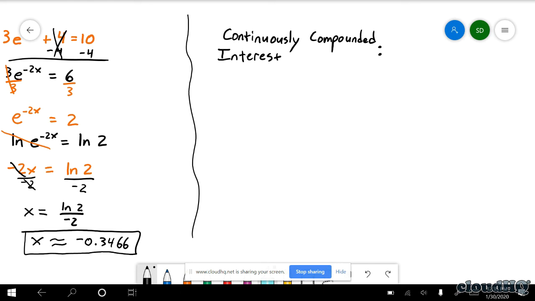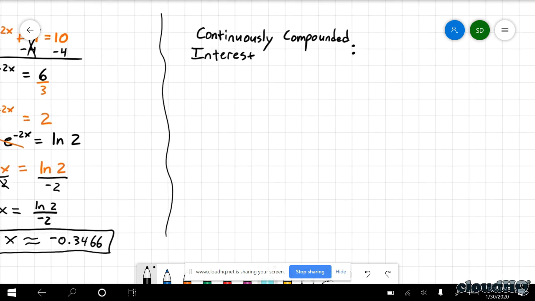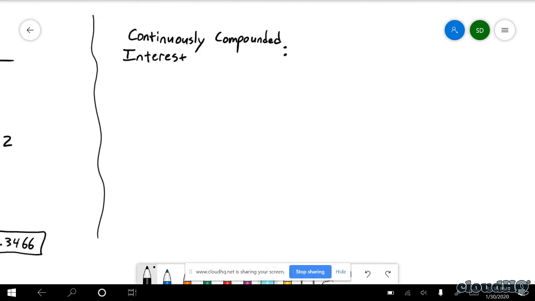You might, in theory, think that if you get interest compounded an infinite number of times in a year, you're going to have an infinite amount of money. That's not true. It's not going to be much more advantageous to you than daily, but it is a little bit better. Here's how you calculate your balance.